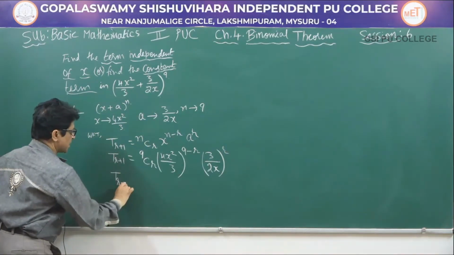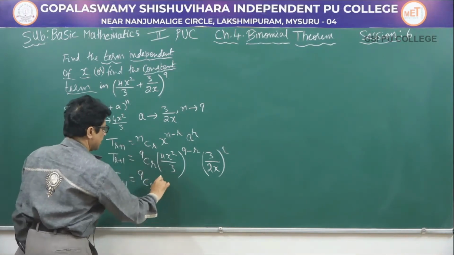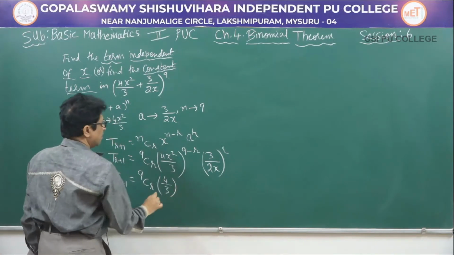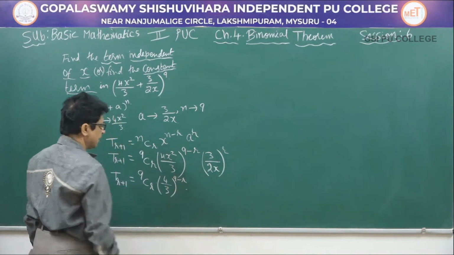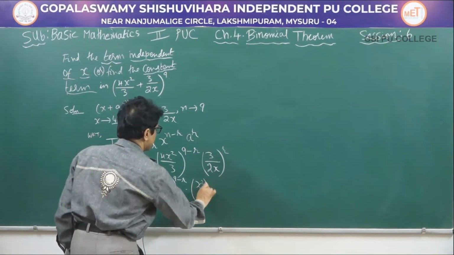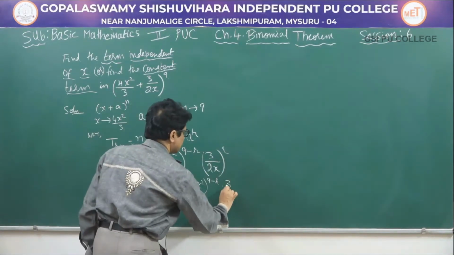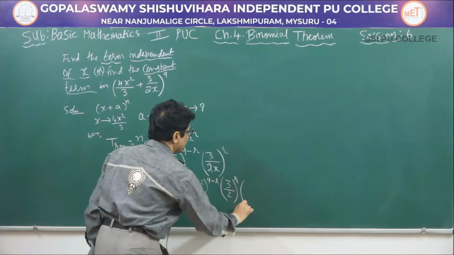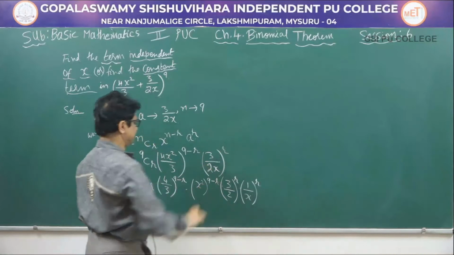So T(r+1) is equal to 9Cr into (4/3) whole power 9 minus r into x² whole power 9 minus r into (3/2) whole power r into (1/x) whole power r.